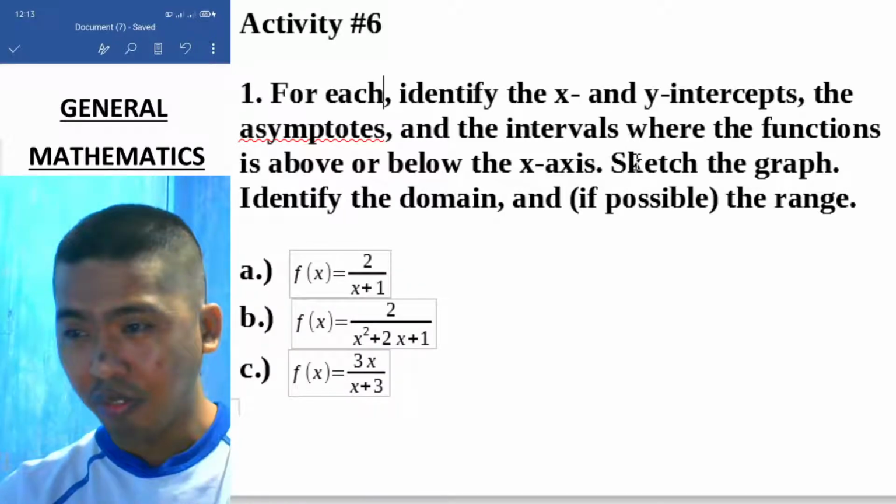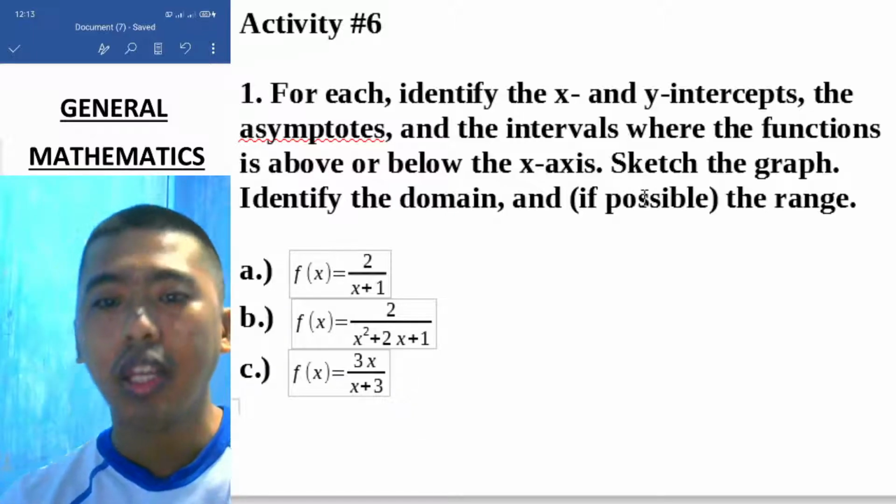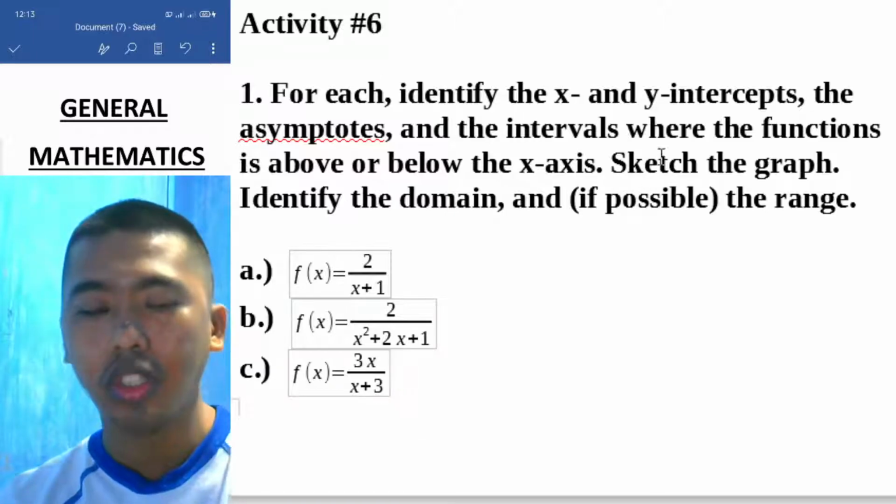Now, after that, sketch the graph, identify the domain, and if possible, the range as well.